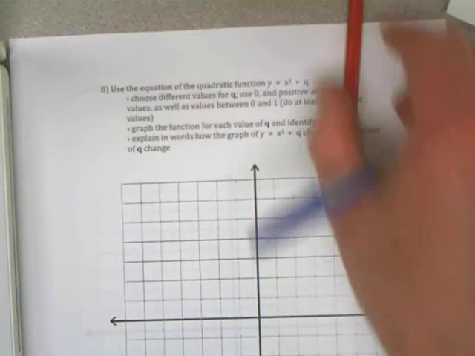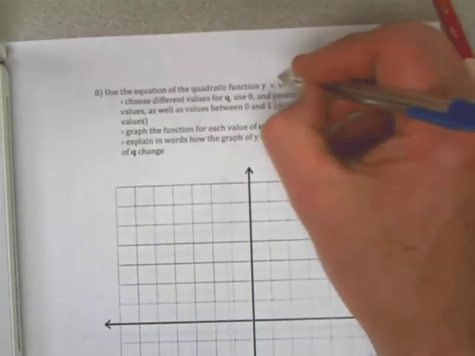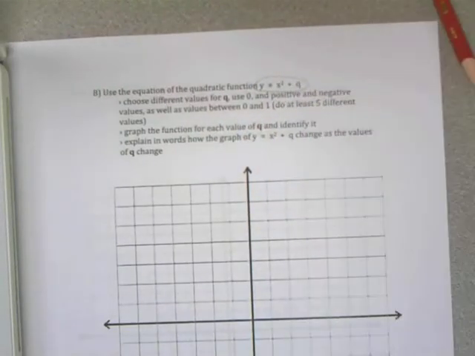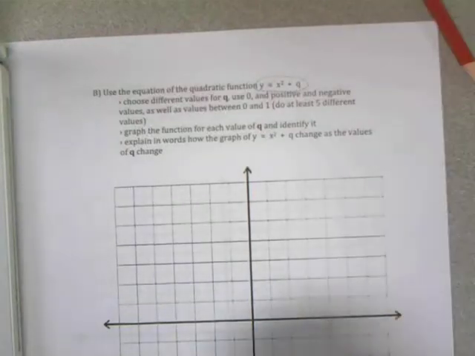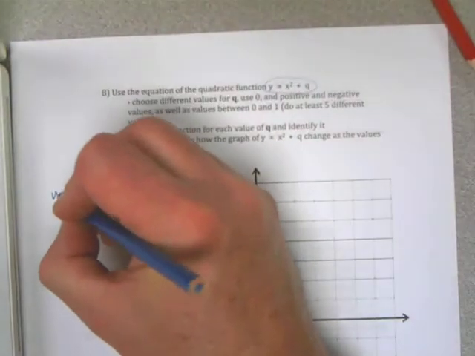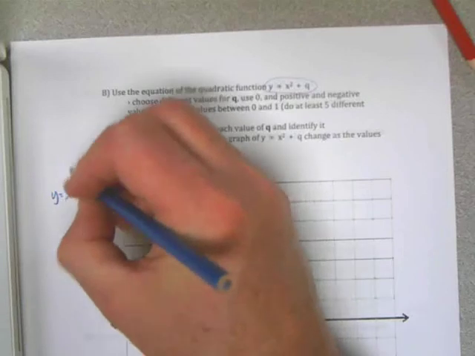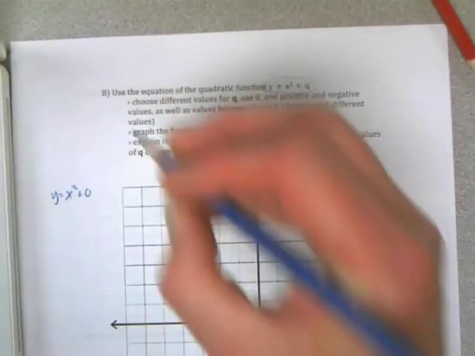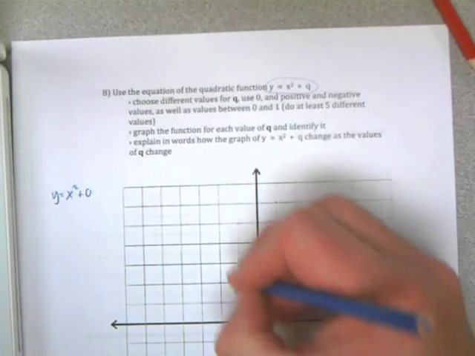Now we're going to look at another type of quadratic function, and it's this one. y is equal to x squared plus q. Once again, I'm going to replace numbers in for q, and we'll see what happens. So y is equal to x squared plus 0, and that's going to look something like this.